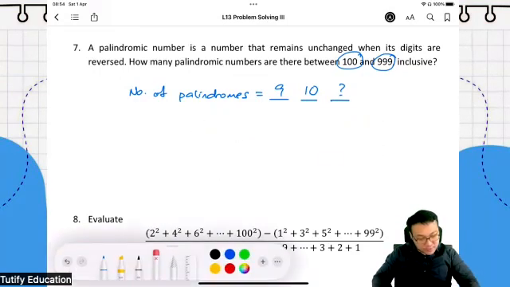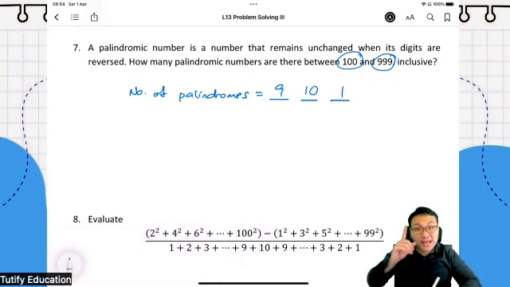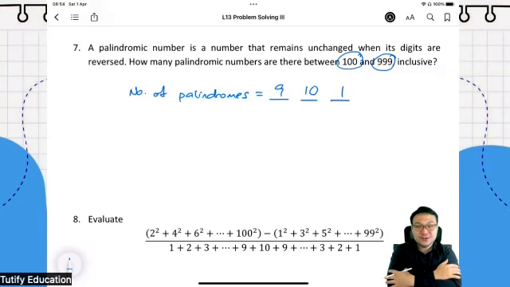And I'm going to write down here that I have one option. One option, not 9. Why is it one option, Zhe? In order for it to be a palindrome, the last digit must be the same as the first digit.